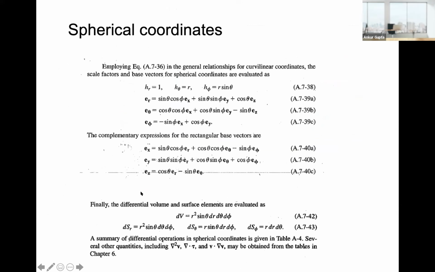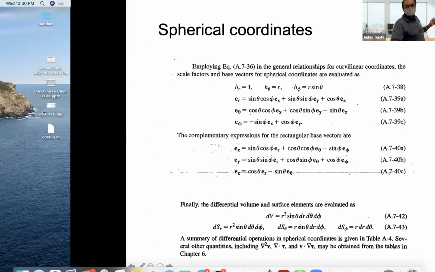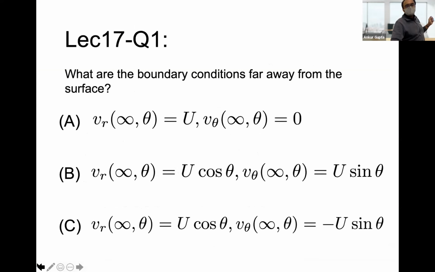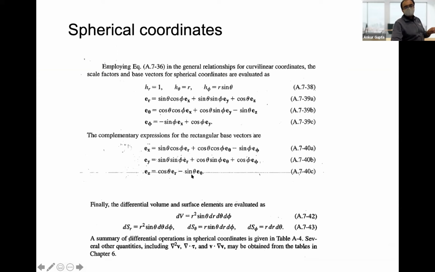You have e_r, e theta, e_x, e_z. You want to substitute e_z in terms of e_r and e theta, and then you have two components in r and theta. So substitute that and solve this problem here. What are the boundary conditions far away? Look at this first and then try to substitute and get V_r and V theta.